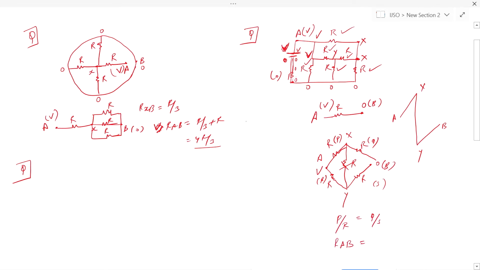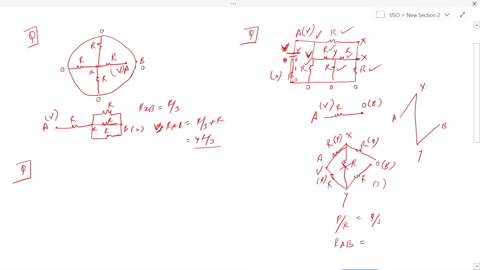Is there one more point from A to B? V and 0 is also there. How have we included this one? How many resistors? 1, 2, 3, 4, 5 and 6. How many do we have? 1, 2, 3, 4, 5.